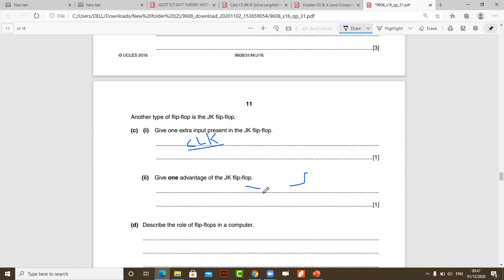This happens due to the clock, and the clock triggers a pulse to avoid such a kind of state. Yes or no? Okay, I explained too much, but what you were asked is one advantage: it will not allow the unstable state to occur. It's avoided. Yes or no? Clear or not?